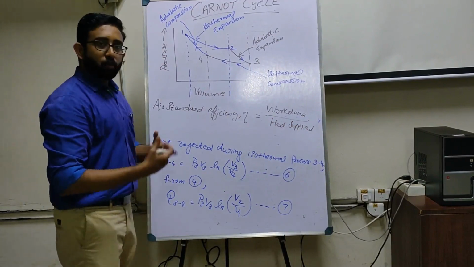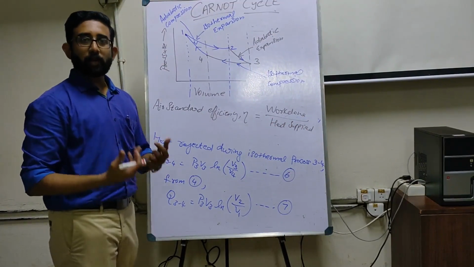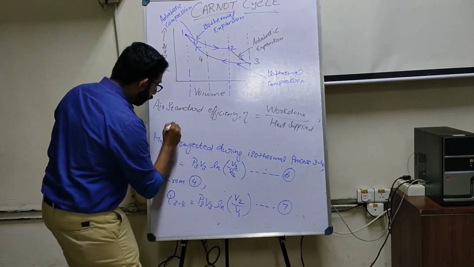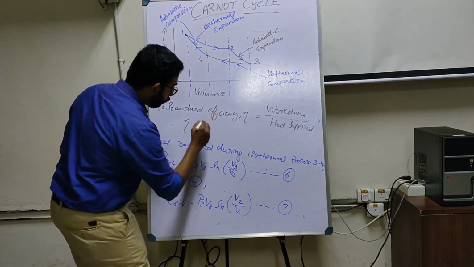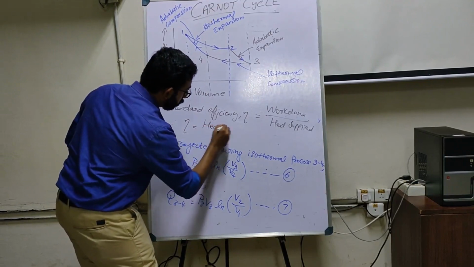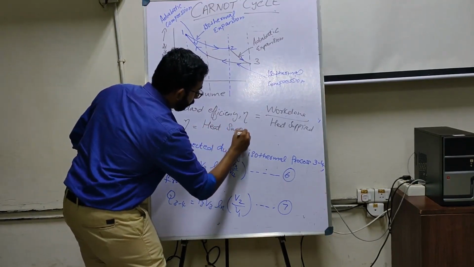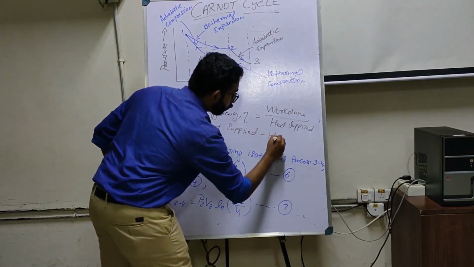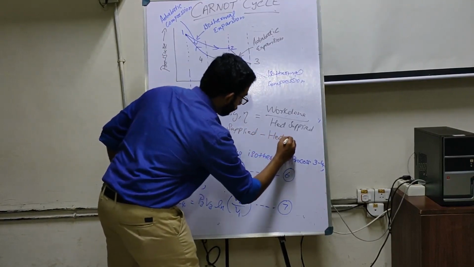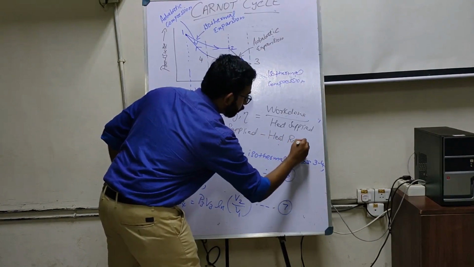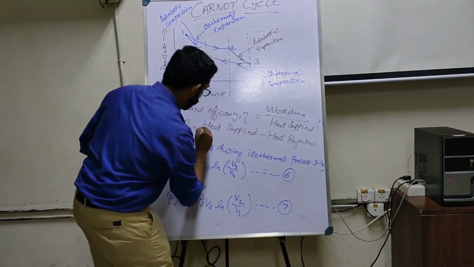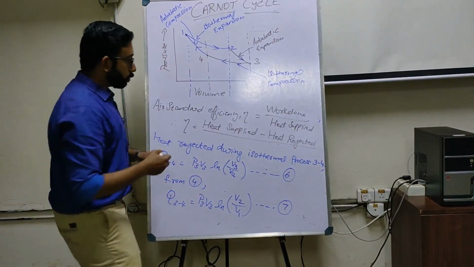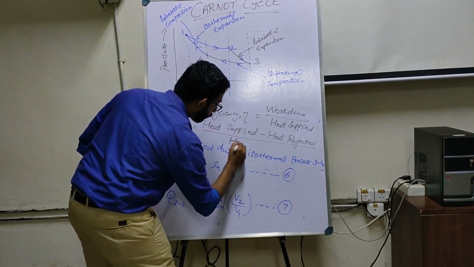So here the work done by system is the output and heat supplied to the system is the input. So this can again be written as, therefore eta is equal to heat supplied minus heat rejected, that is work done, whole divided by heat supply.